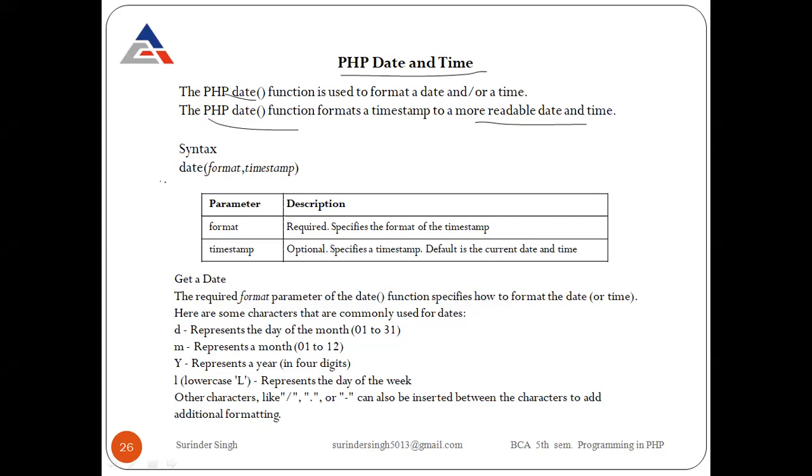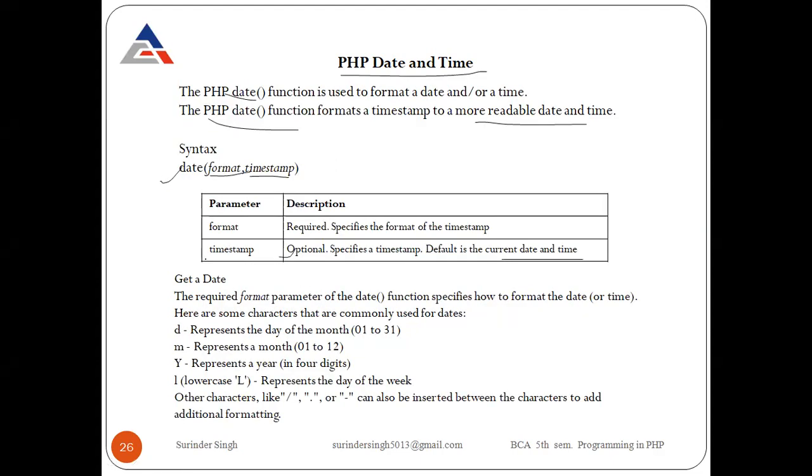The syntax of this function is that we pass the format and then the timestamp. The date function accepts 2 arguments. First is format. We have to pass the format of the date, and the second is timestamp, which is an optional argument. You may or may not pass it. It specifies the timestamp. The default is the current date and time.